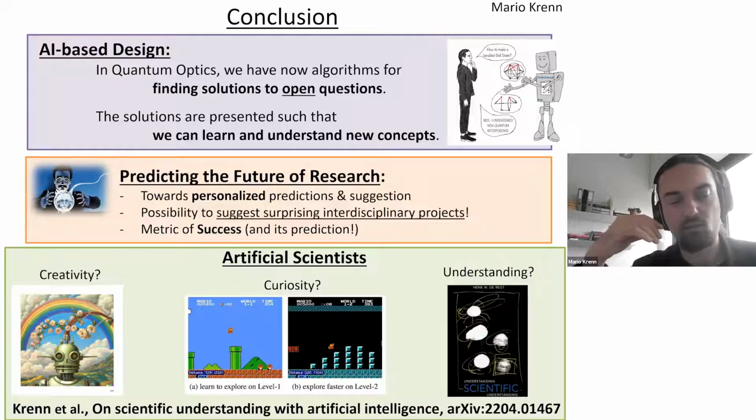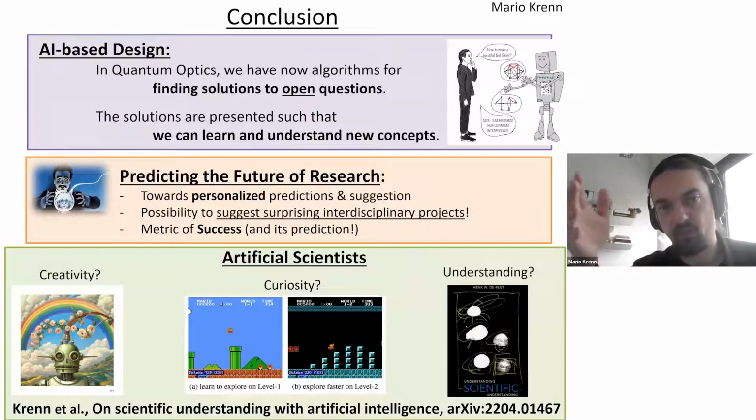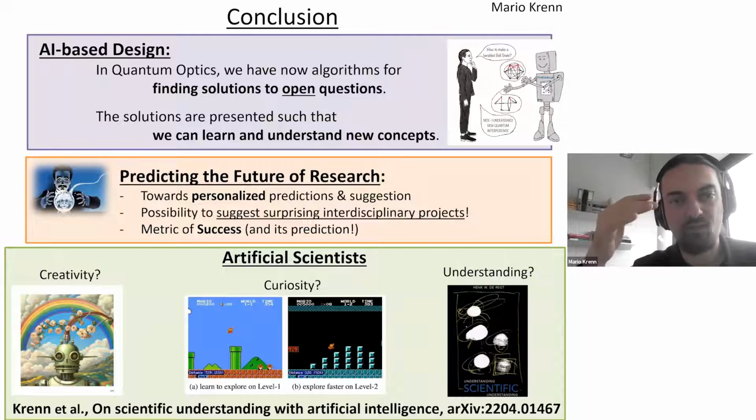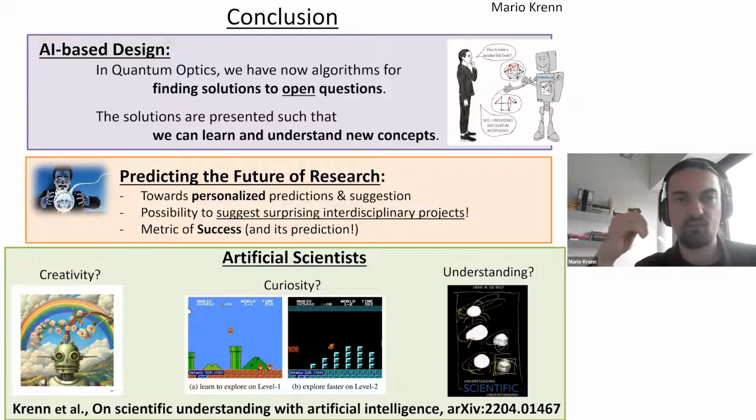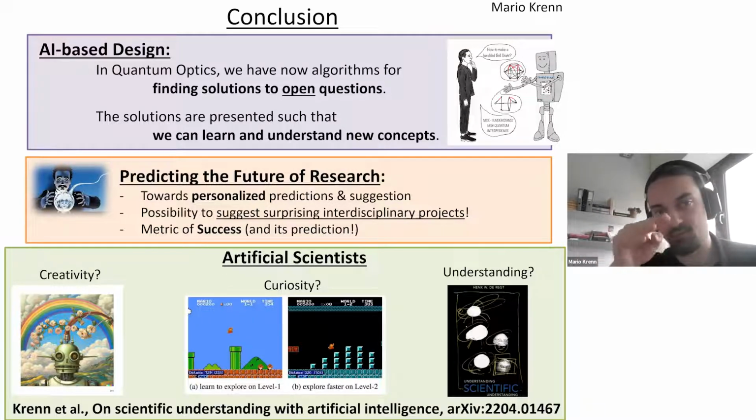And in computer science, in reinforcement learning experiments, this has been implemented, and those systems can, for instance, solve the computer game Super Mario without any external rewards, just by this intrinsic curiosity-based reward. So artificial scientists could also be curious.